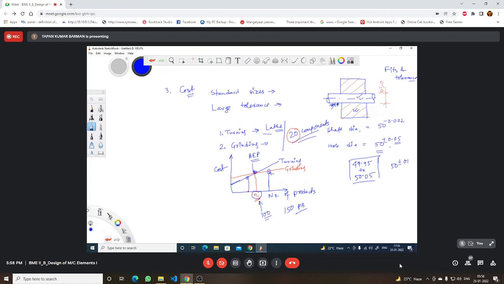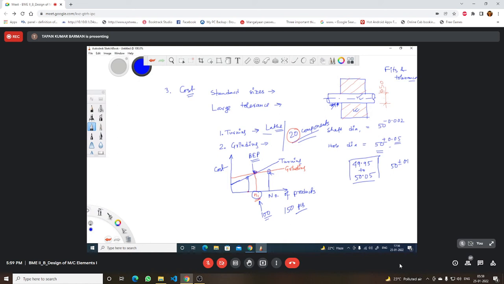But the thing is, initially I made one comment. Designer should accept the surface finish and all other things of the product made by the turning operation. Then only we may compare that thing. Later on, when we discuss the manufacturing aspects in design, at that point we will discuss different points that should be considered at the design stage, considering the manufacturing of the product.